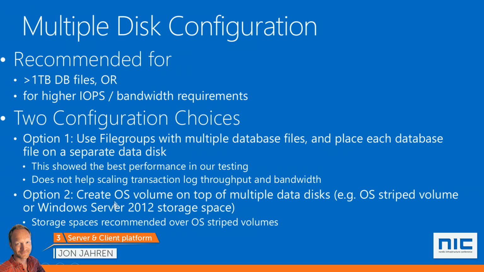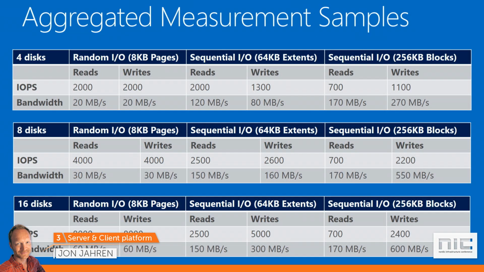But I would typically say that you achieve exactly the same with multiple database files and with file groups. It doesn't really matter for SQL Server if you use Storage Spaces or separate files in one file group. So typically, if you have 4 disks, you can easily have linear scalability for the IOPS.